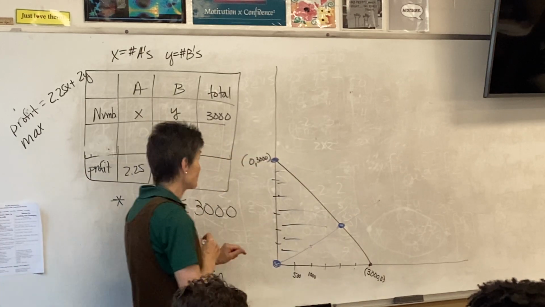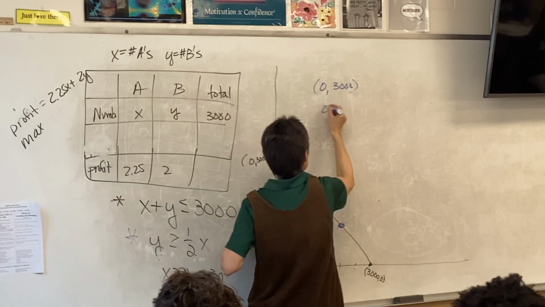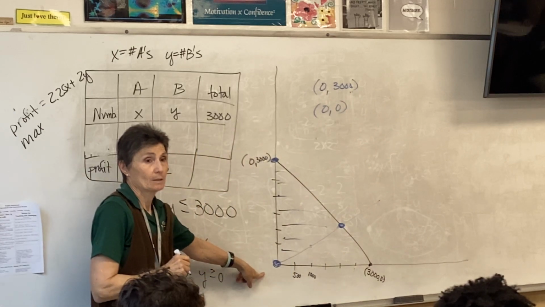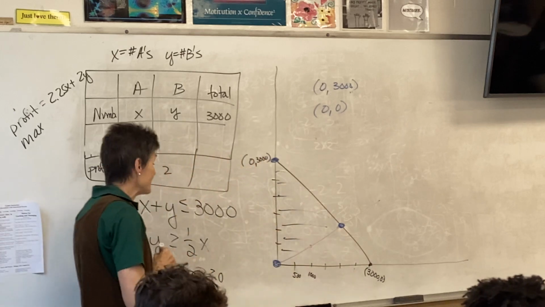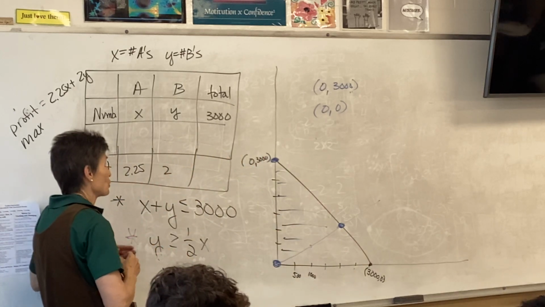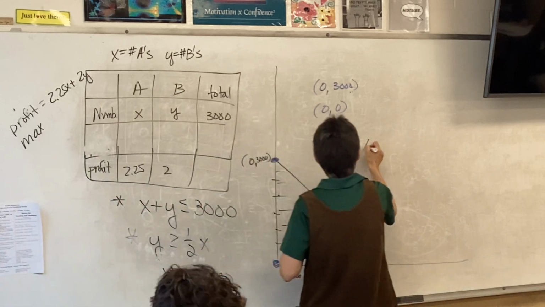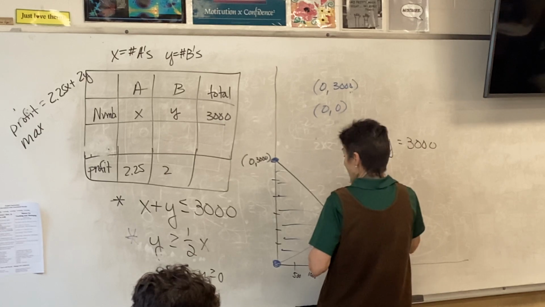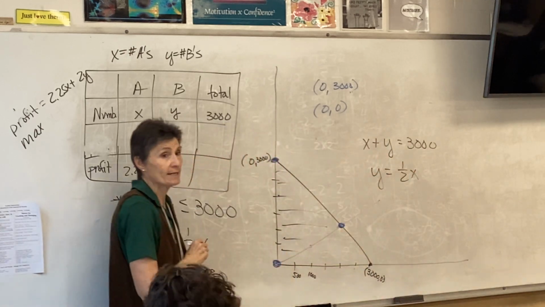Now, 2 of those points I know: (0, 3000) and (0, 0). Those 2 I know already. This one I need to find. It is the intersection of my black and purple. So x plus y equals 3000, and y equals 1/2 x. Those are my 2 lines.